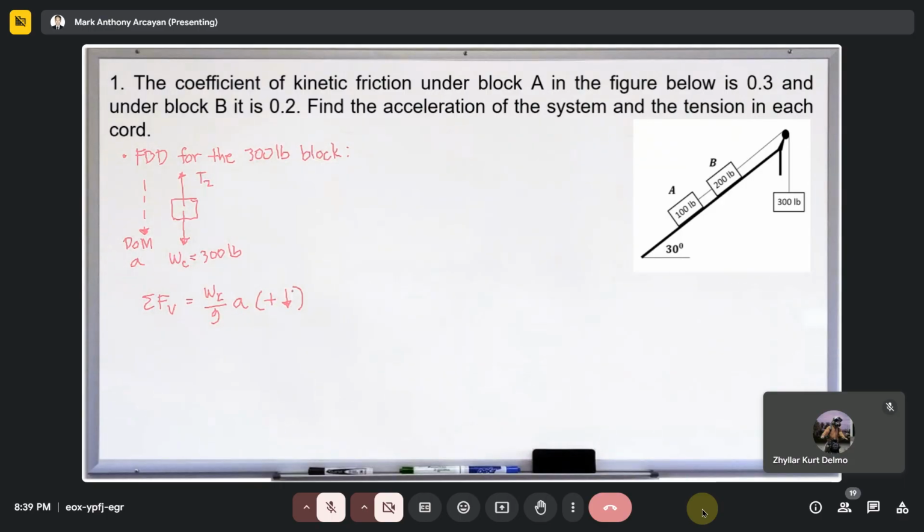In this case, your sign convention must agree with the direction of motion. Do not use the method we did from statics, where for the summation of forces vertical, we treat positive if it points upward. For dynamics, you're going to base your sign convention on the direction of motion.